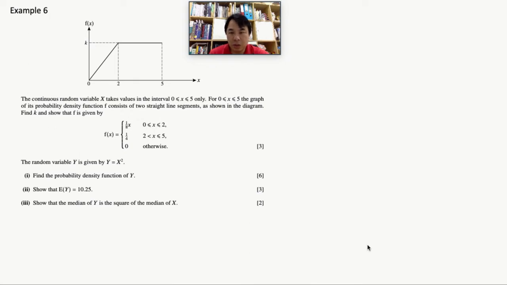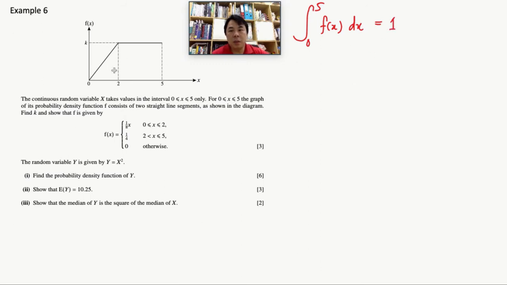Okay, now the first question is we need to find the k and show that the function f is given as such. Now that shouldn't be a problem at this point because it's a straight line equation, and knowing that this is a probability density function, the total area here must be equal to 1. So we're going to make use of this property, whereby the area from 0 to 5 must be equal to 1.